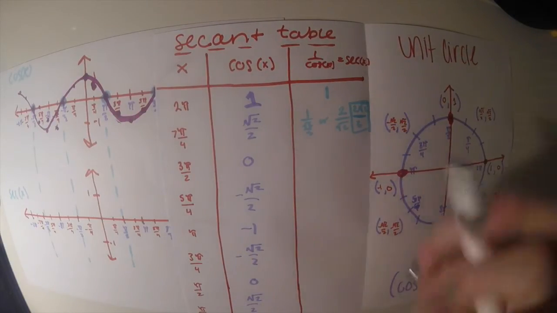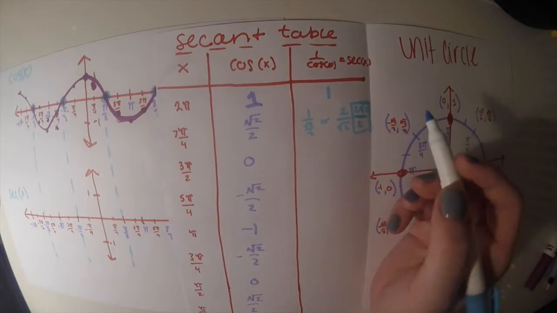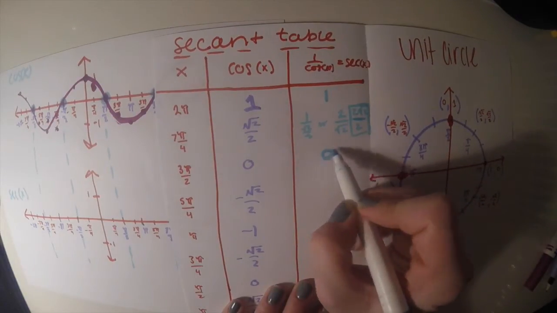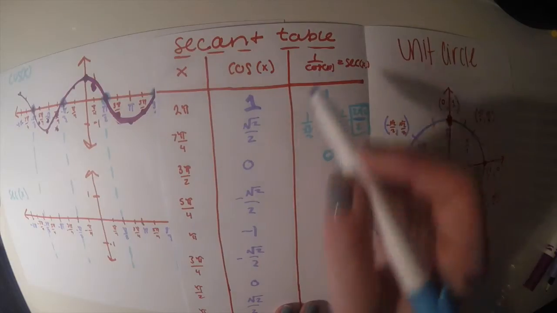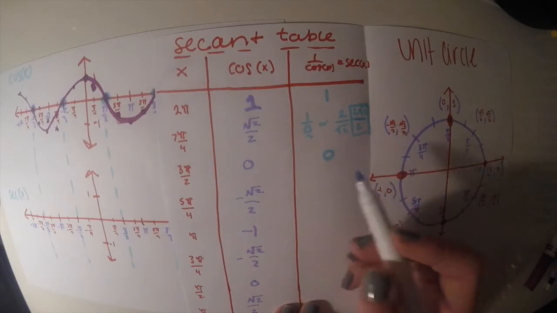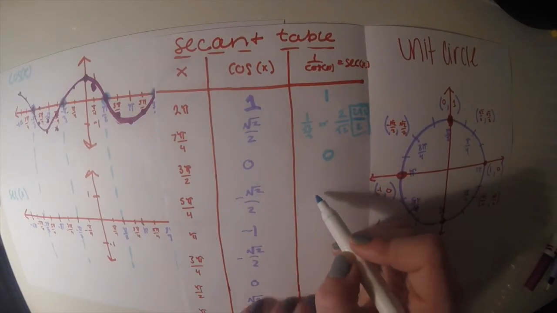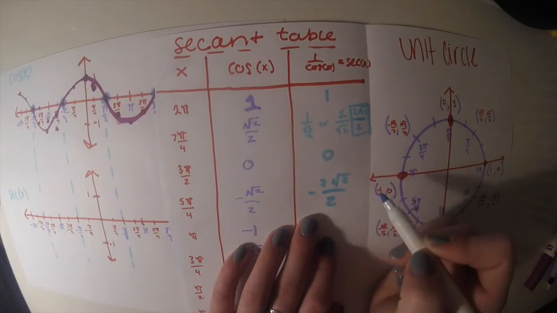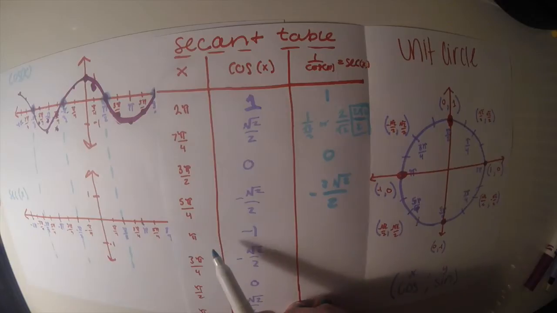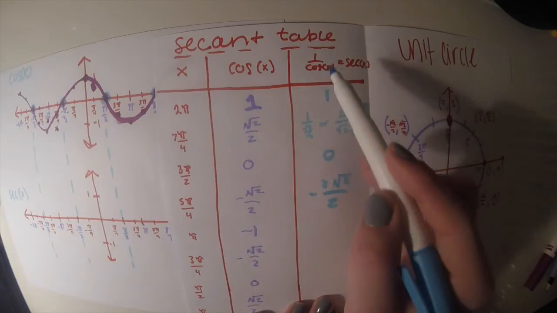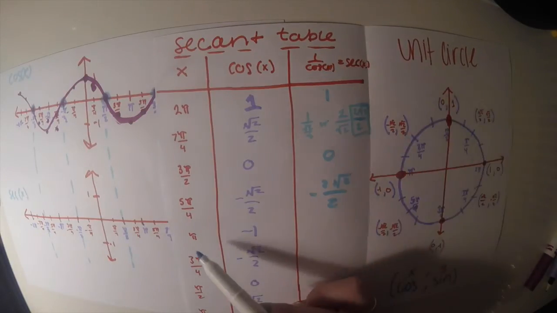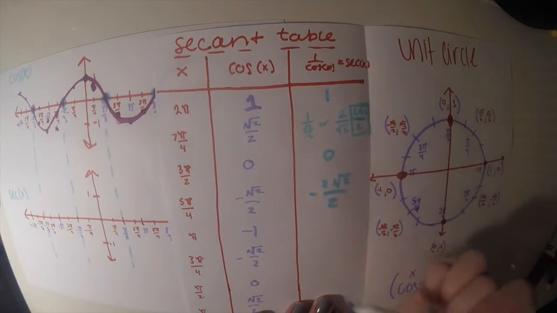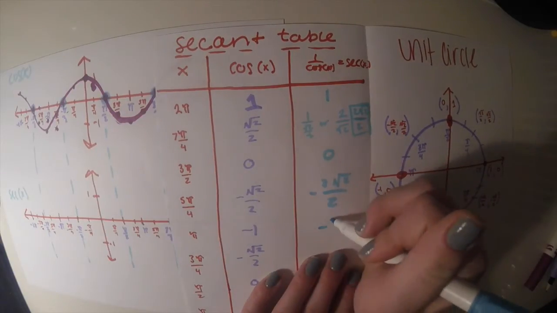Next, 1 over 0 is undefined, an asymptote. 1 over negative radical 2 over 2 is going to be negative 2 radical 2 over 2. For pi, 1 over cosine of pi is 1 over negative 1, which is just going to equal negative 1.